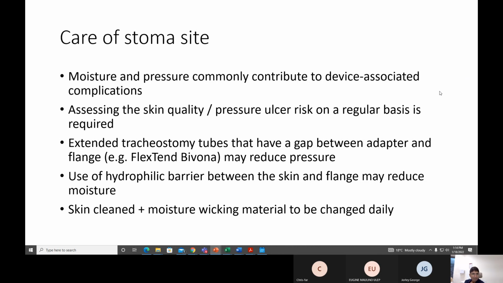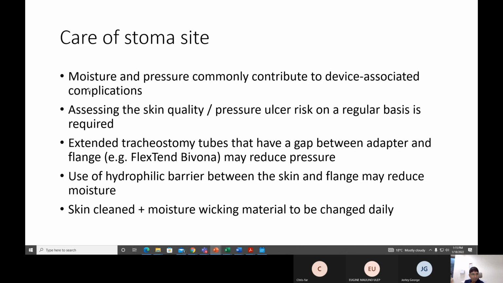So it's important to assess the skin quality and pressure ulcer risk on a regular basis. Extended tracheostomy tubes may provide an advantage because the connector is away from the flange, so the pressure on the skin around the stoma may be slightly less than if you have a connector close to the flange.